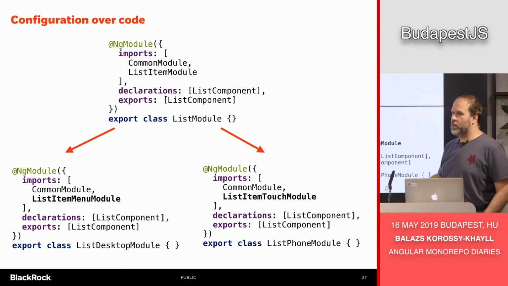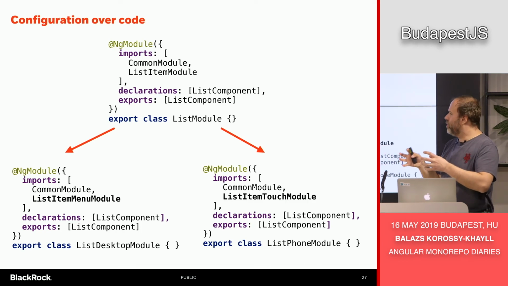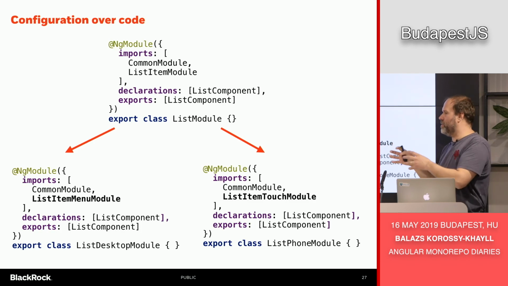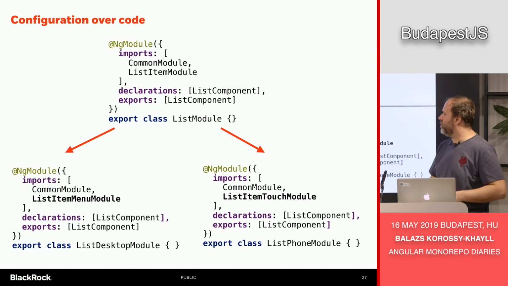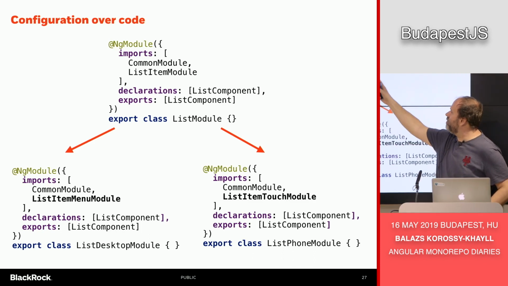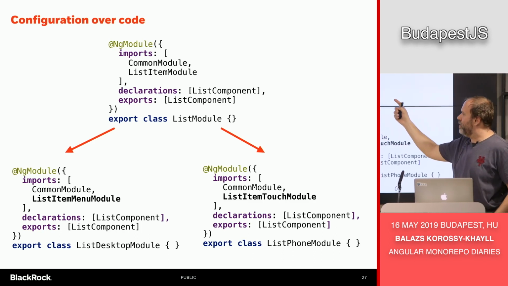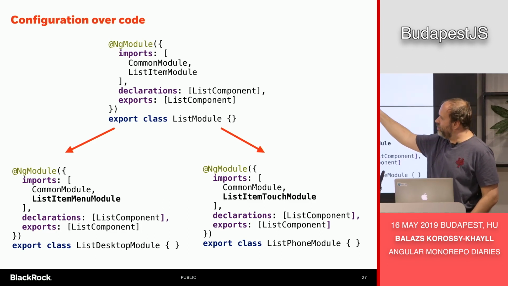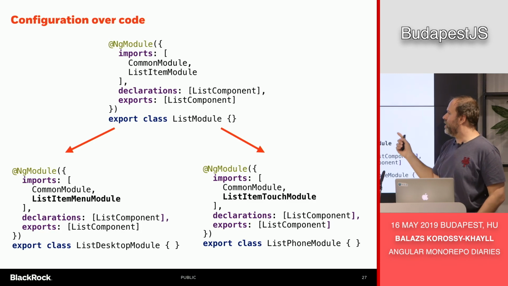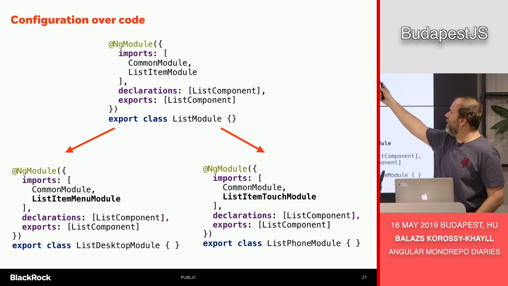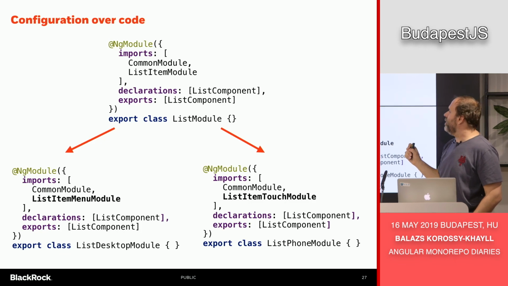You can even do a bit better and have a common part for the card, and then have a behavior extension, so to say, for the desktop and for the phone. And then you just duplicate this module, which is just a configuration. So you end up with different configurations for the desktop and the phone, and you don't duplicate the actual component here, right?